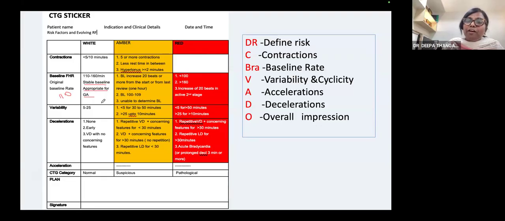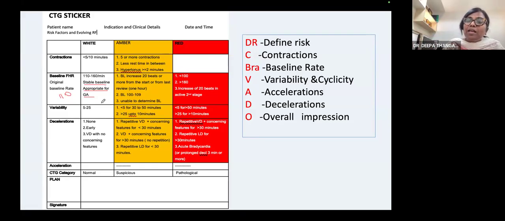Suppose there are preterm babies. In preterm babies, the parasympathetic and sympathetic systems develop a little later. That means as the gestational age advances, the baby will have a good parasympathetic tone, so the baseline heart rate, which is very high in preterm babies, will become stable.